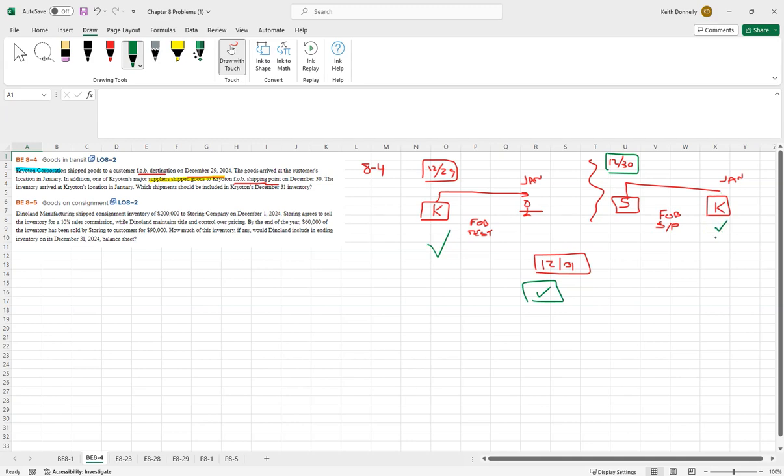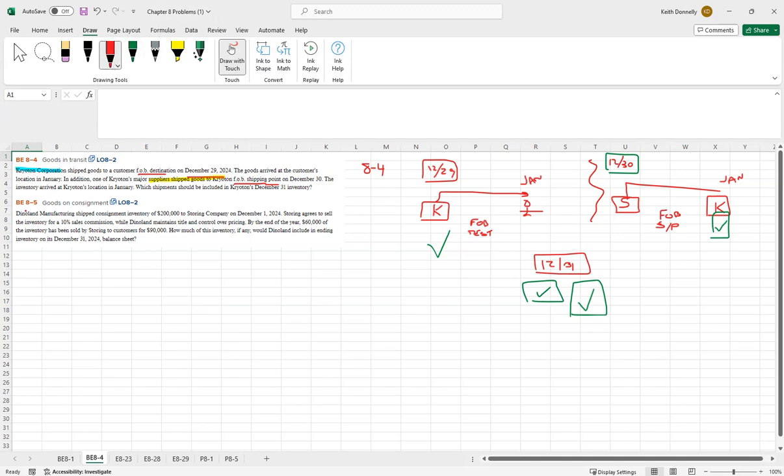It becomes ours. So here, that's also our inventory. So you have to analyze it. When you look at it, are we selling something? Are we buying something? Is it FOB shipping point? Is it FOB destination? Are these conditions satisfied? That will tell us whether it's our inventory or the other guy's inventory.